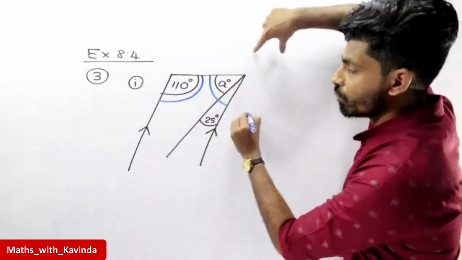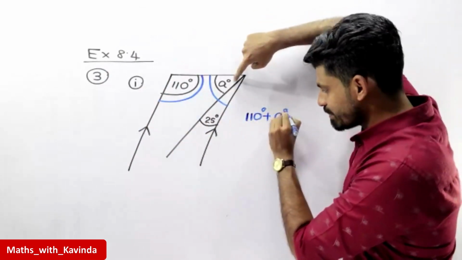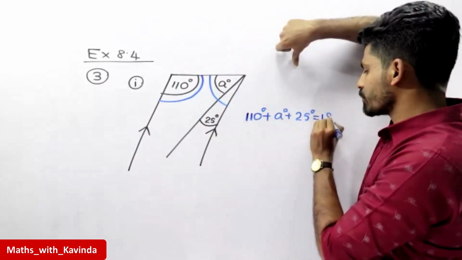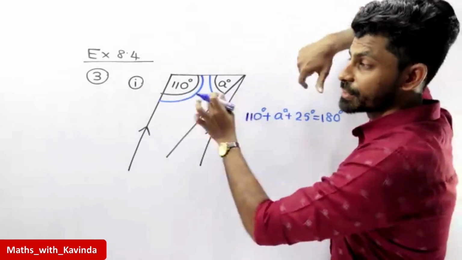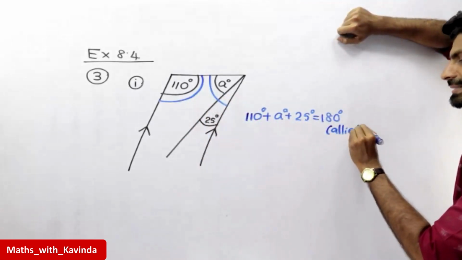So that means 110 plus A plus 25 equals 180. Allied angles, not alternate angles, allied angles.